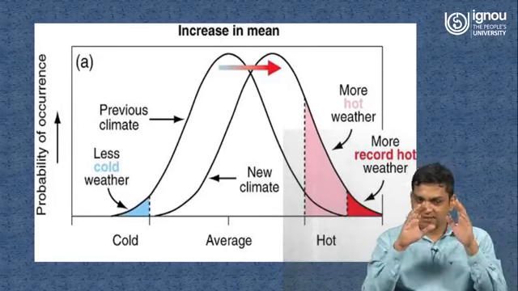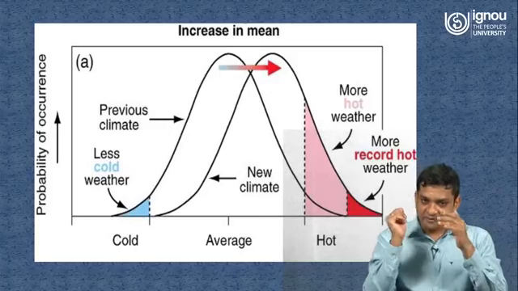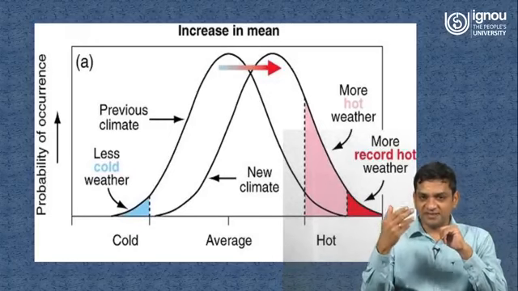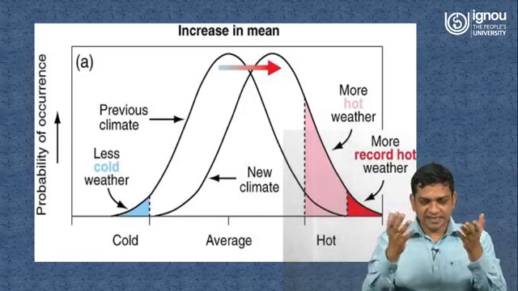The bell-shaped curve will move towards your right side, and because of this, the occurrence of cold weather will decrease, but the hot weather events, I'm talking about the extreme events, all will increase, and this is called climate change. So the mean is increasing, and because of the increase in the mean value, that is the temperature, the bell-shaped curve moves towards your right side, and because of that, the hot weather occurrences are increasing. This is basically about climate change.